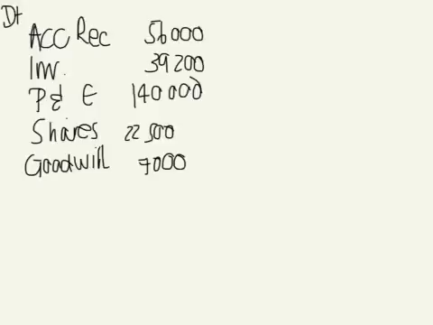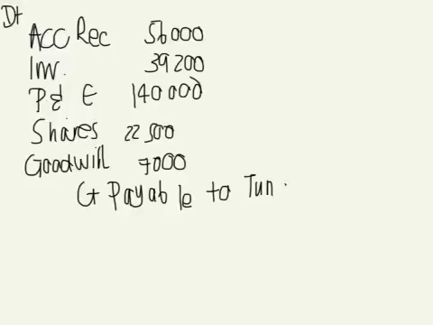Okay, what goes on the credit? The credit side is the consideration that is transferred. So first of all, we create a liability payable for the cash that is payable to Tuna Limited to settle their creditors of 86,700. So we've just calculated that.